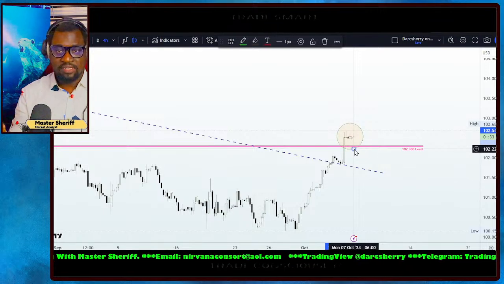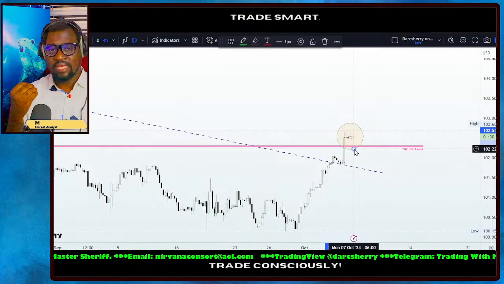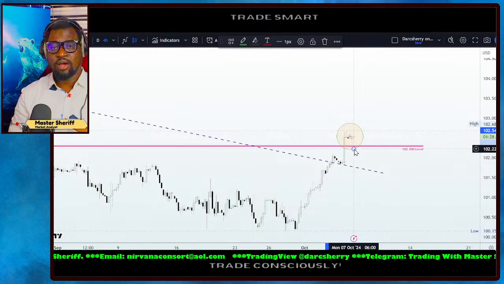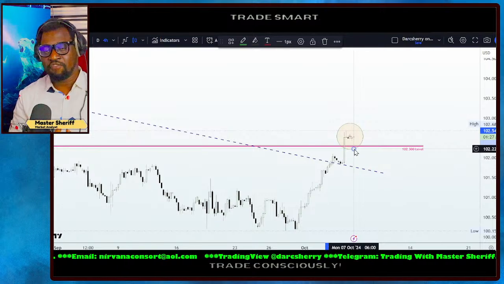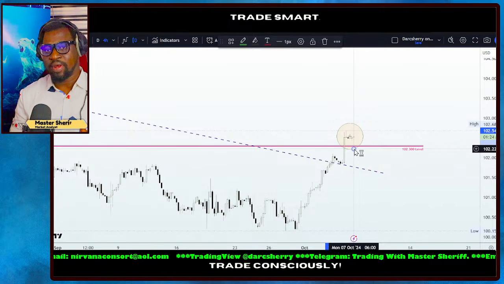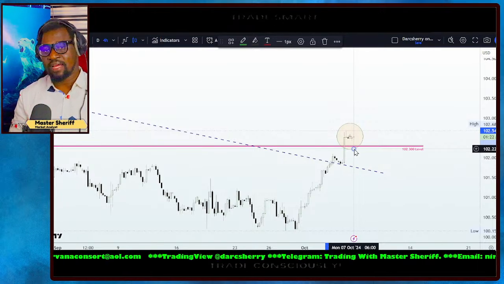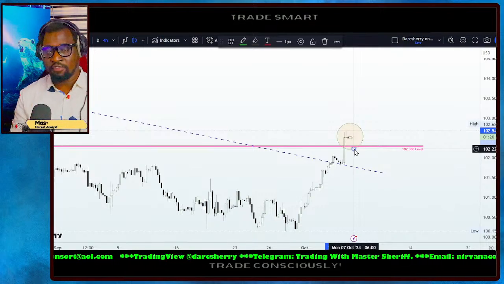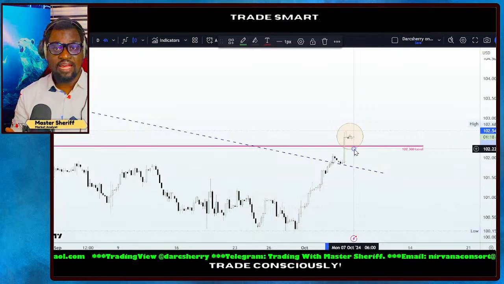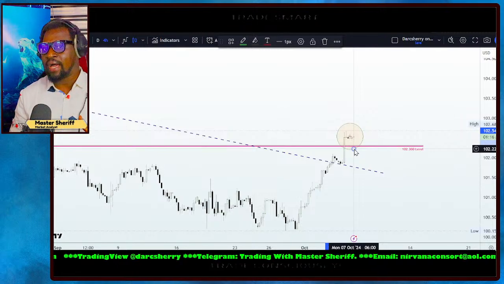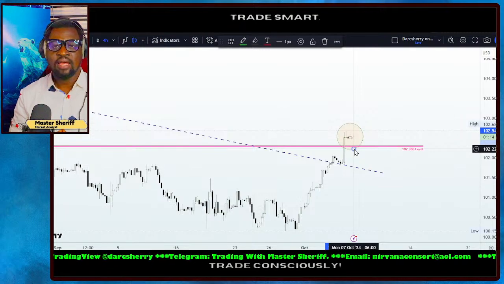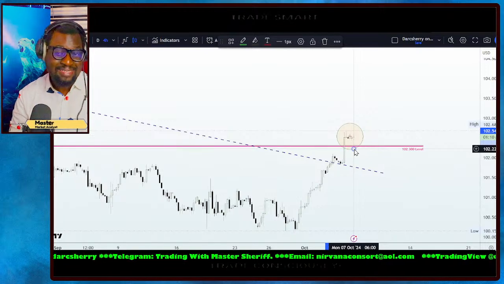The NFP did tremendously well. And of course, the unemployment rate showed that unemployment had reduced to 4.1% in the United States. And considering the fact that the labor sector is one of the sectors the Fed is looking at to decide the magnitude of interest rate cuts, the path of least resistance for the US dollar at this moment is looking very positive.